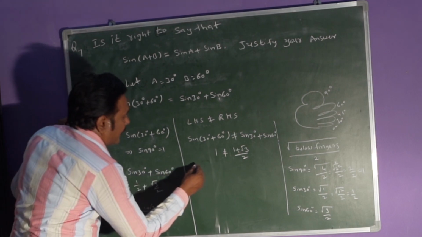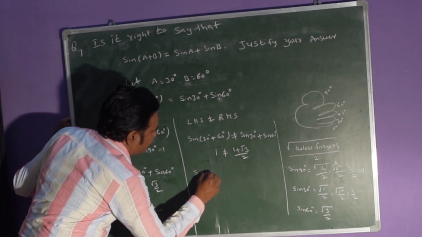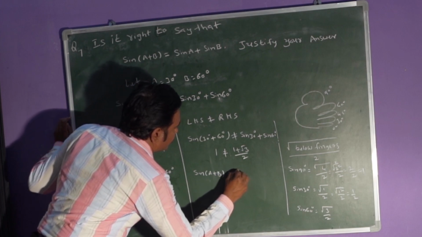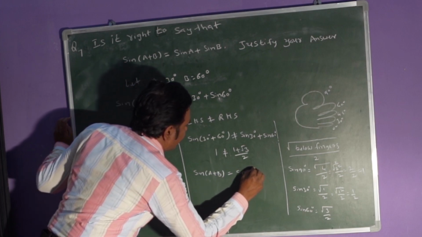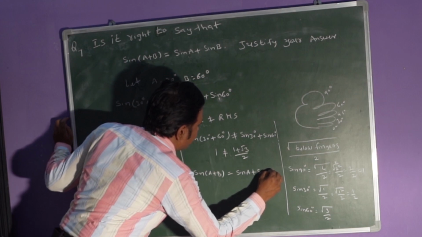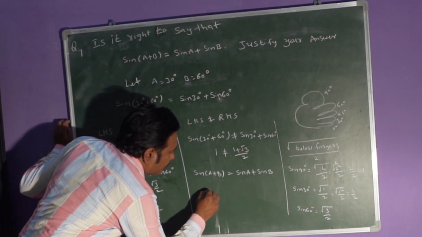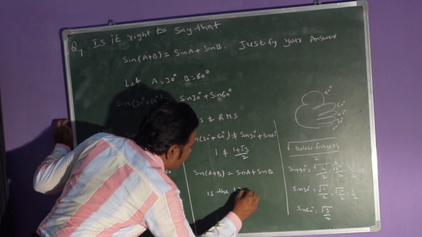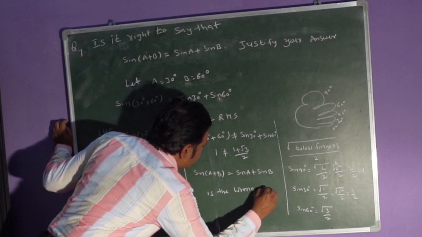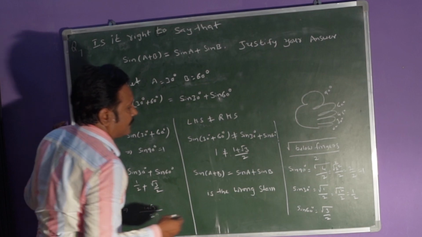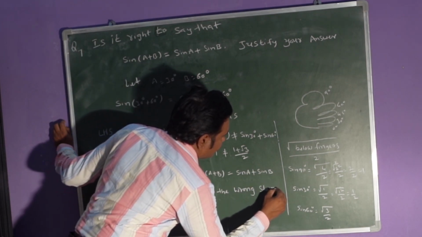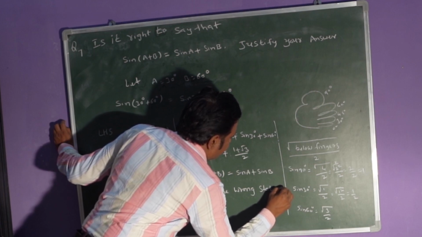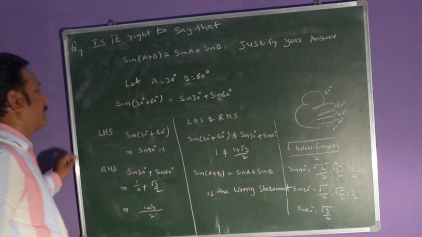Then sin of a plus b is equal to sin a plus sin b is a wrong statement.